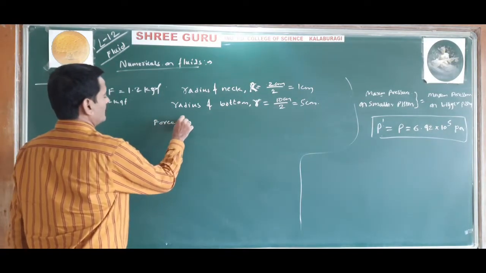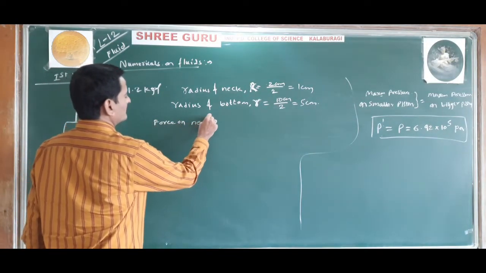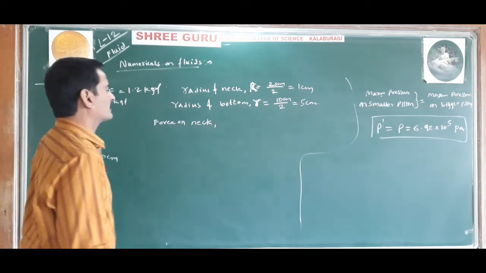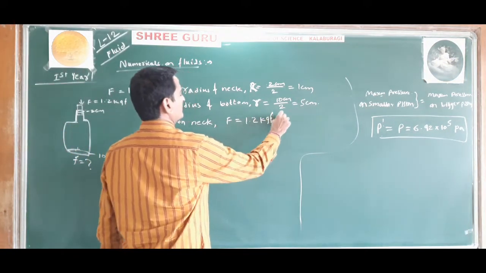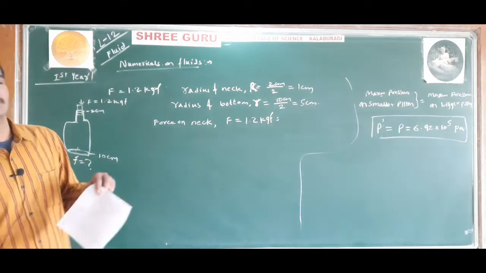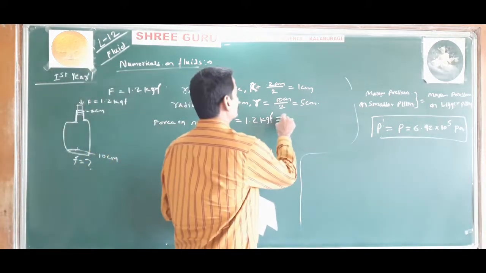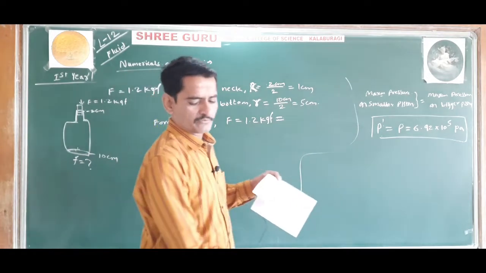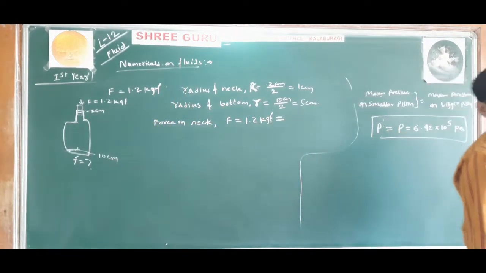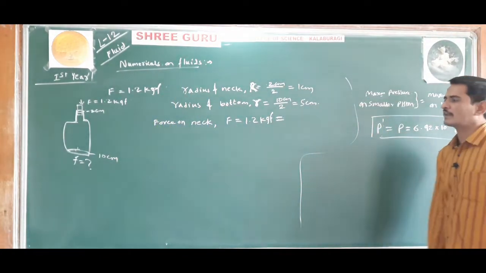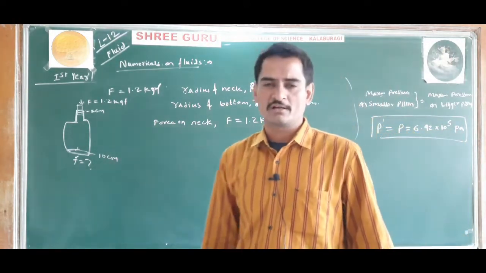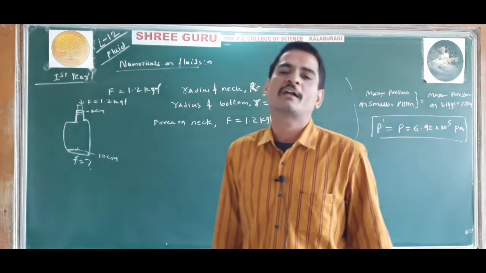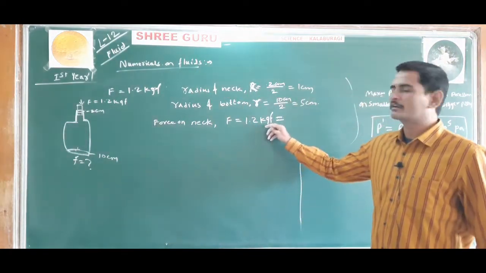So now the force on neck, that is F is equal to 1.2 kgf. What is this kgf? Kgf is a unit of force, a gravitational unit of force. You will study it in Newton's laws of motion. kgf is not a quantity like pressure, it is a unit of force, kilogram force.